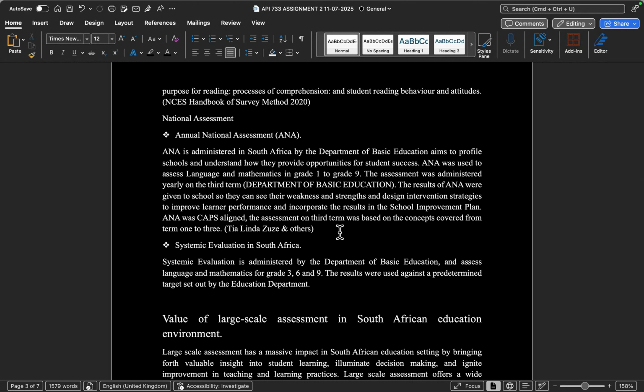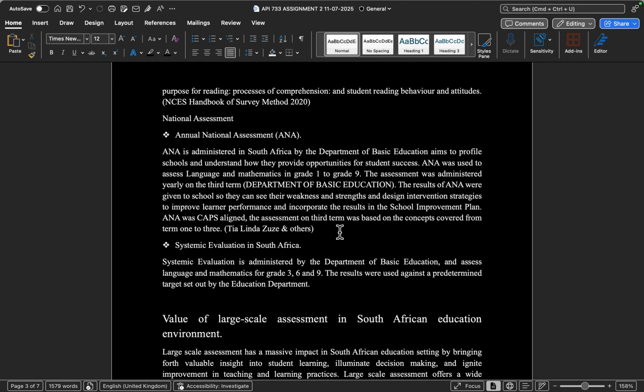And then we've also got an assessment program, which is systemic evaluation. Systemic evaluation is administered, I am quite sure, in the Western Cape. This large scale assessment program is aimed at establishing the level of understanding of language and mathematics for grade 3, 6, and 9.